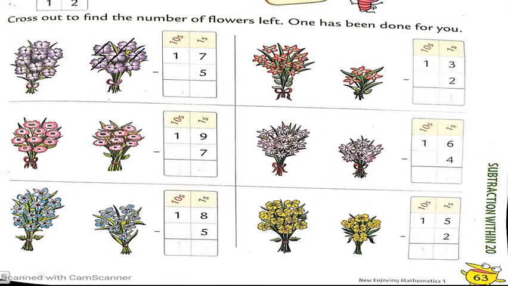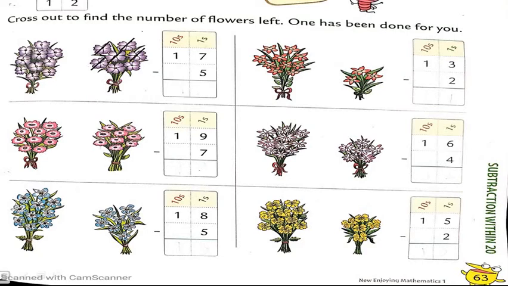Okay, this will be helpful to you while counting the numbers. 17 minus 5. Okay, then look here, they crossed out 5 flowers and count the remaining. Let's see what happens. 1, 2, 3, 4, 5, 6, 7, 8, 9, 10, 11 and 12.